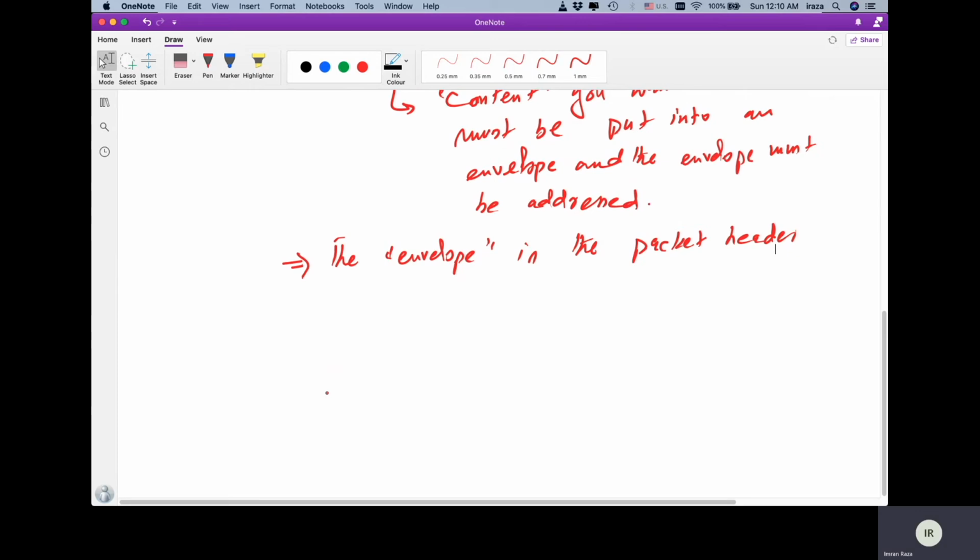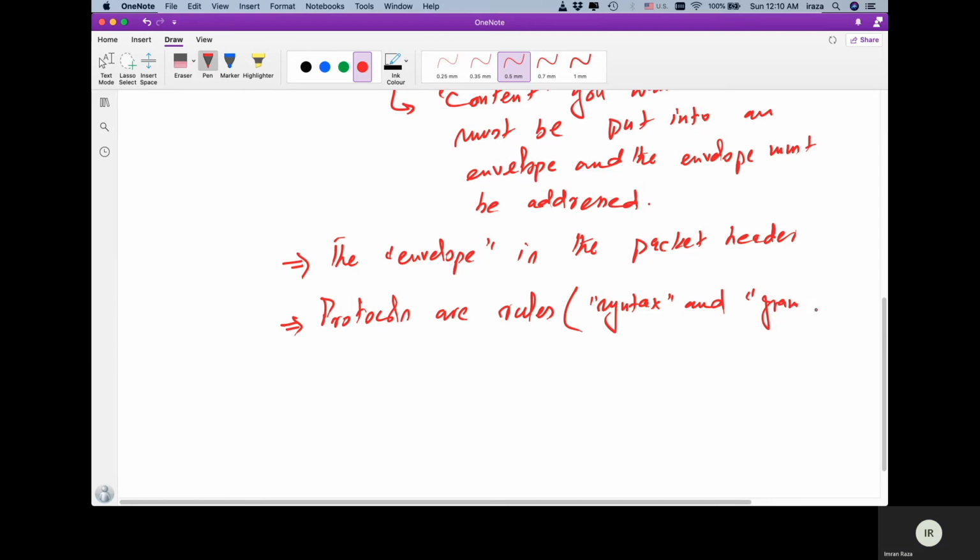And remember, we have discussed earlier that protocols are sets of rules and regulations. By rules, I mean it has a syntax and grammar, certain meanings.